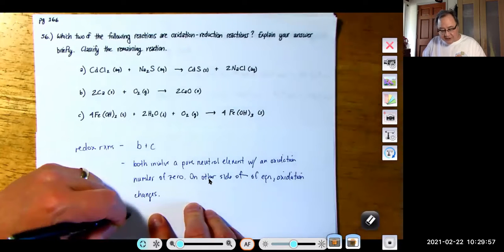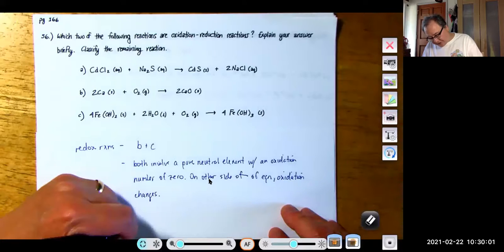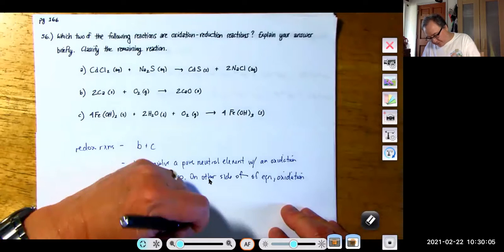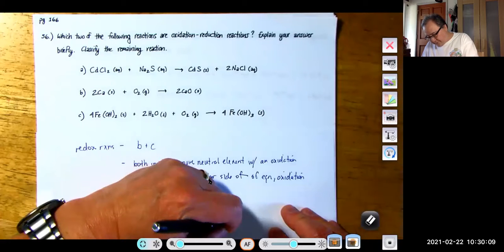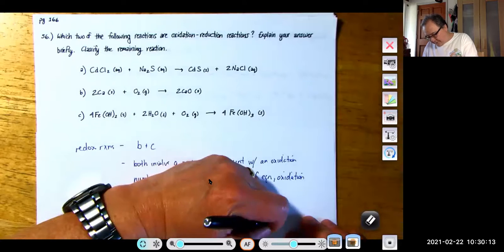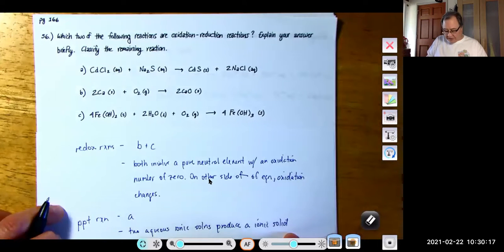So what's our explanation for that one? 2 aqueous ionic solutions produce an ionic solid. So can you read that on the bottom there? Is that all right?